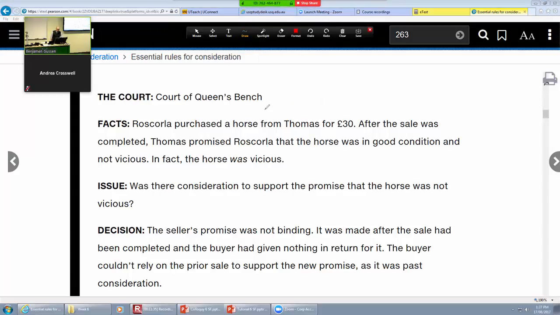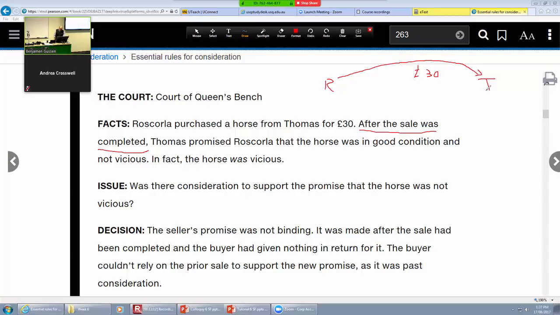So let's see if we can annotate on here. The key point here is after the sale was completed. Okay? So let me just quickly see if we can come up with the diagram here. So we have R and we have T. R gave T what? 30 pounds.